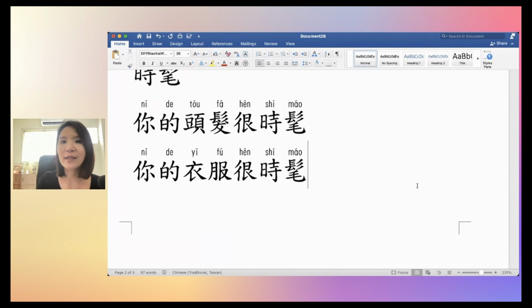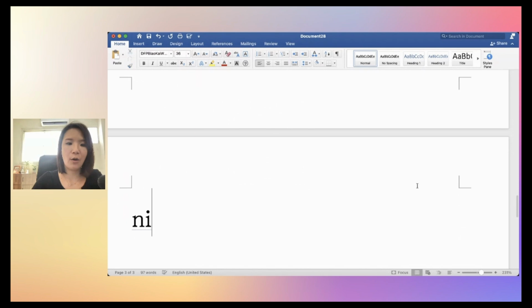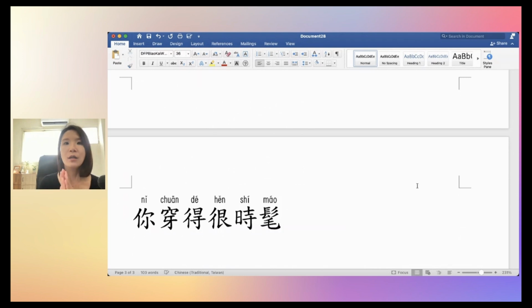In Mandarin, that would be 你穿的很时髦。If you want to specifically say what you're wearing today is fashionable, you could put today.